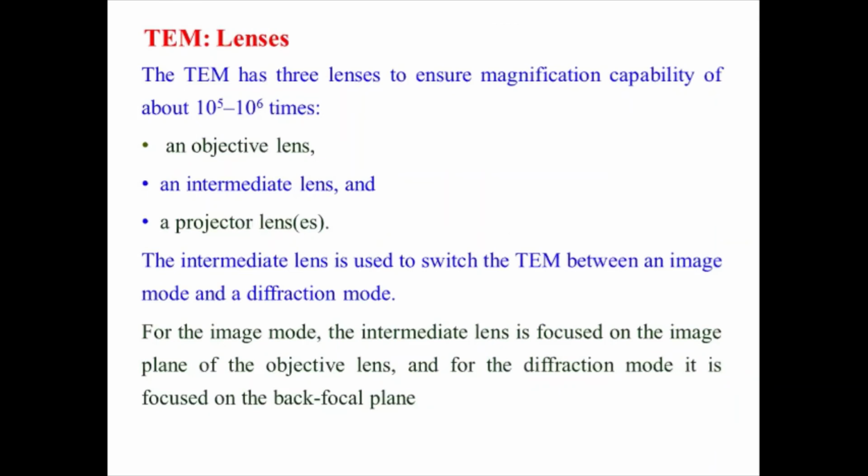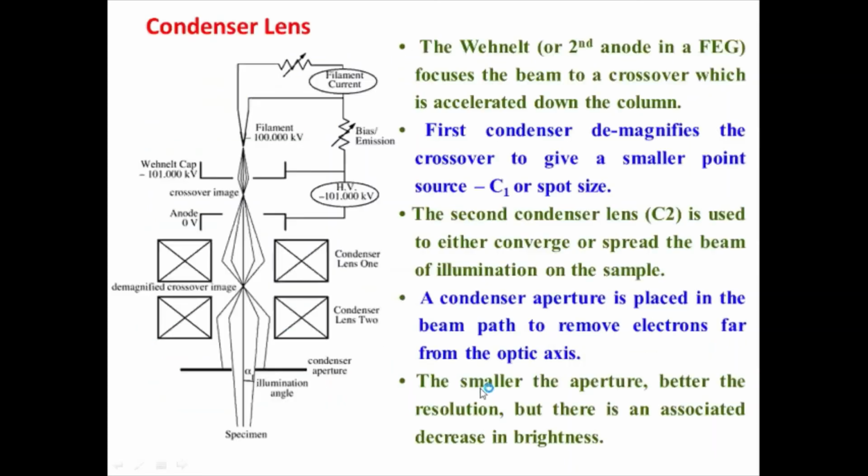As compared to the scanning electron microscope, here we have added a number of lenses. An objective lens is always there, but here we have an intermediate lens and a projector lens. The intermediate lens is used to switch the TEM between the imaging mode and diffraction mode. And this is a construction of the condenser lens.